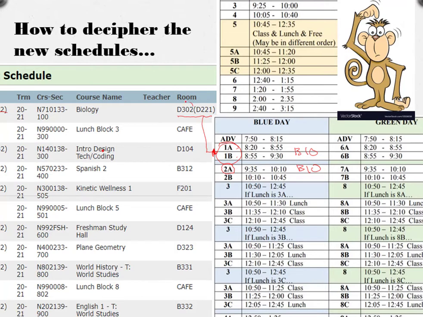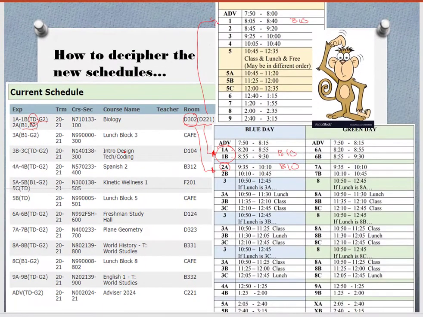Then on these Blue Days, when you shift over and you are in period 2, 2A, you are going to shift to room D302 for those 2 days. So for the last 35 minutes you will be in D302 on those Blue Days. On the Trevian Days, you will still be in the lab, D221. That's really the only subject area where I'm going to talk about the actual locations.